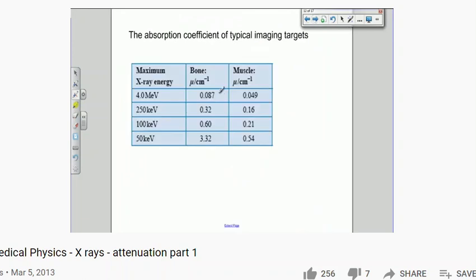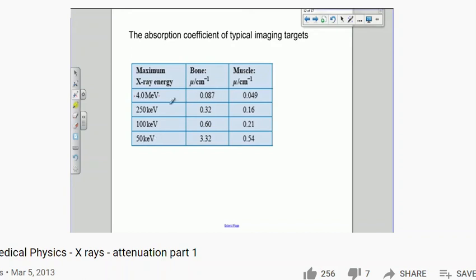Okay, so here are some typical absorption coefficients for bone and muscle, and this is quite interesting because you can see how it depends on the energy of the X-rays. So up here we've got very, very high energy, very high frequency X-rays, 4 mega electron volts, and that's pretty much the highest we can produce in X-ray tubes, going all the way down to about 50 keV.